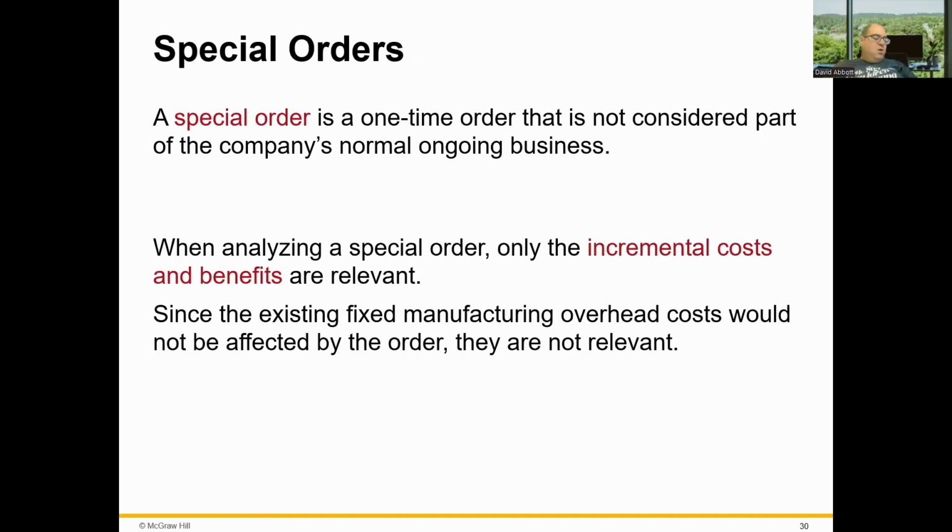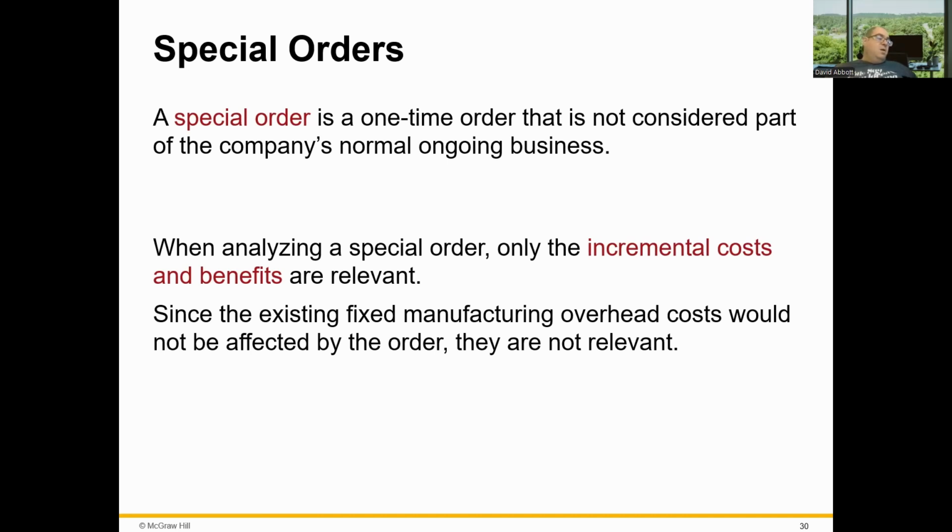So a special order is a one-time order that is not considered part of the company's normal ongoing business. And when analyzing a special order, only the incremental costs and benefits are relevant, since the existing fixed manufacturing overhead costs would not be affected by the order.